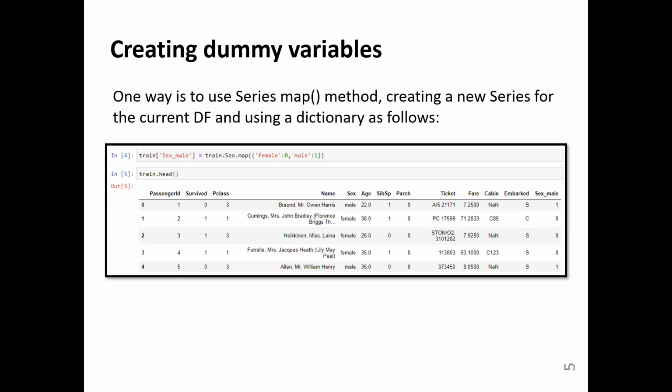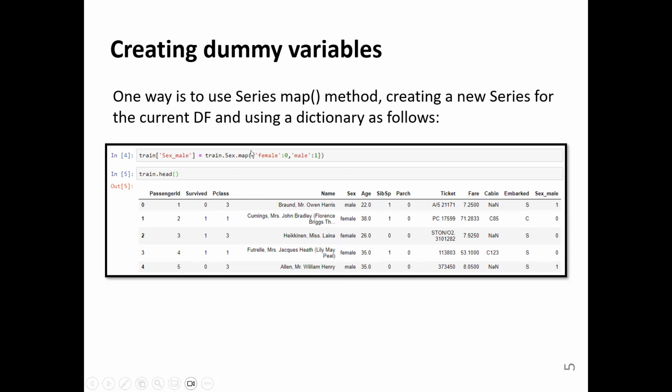Everything is clear so far? Here we have a column named sex, and we have male, female, female, female, male, right? So we could say 1, 0, 0, 0, 1.